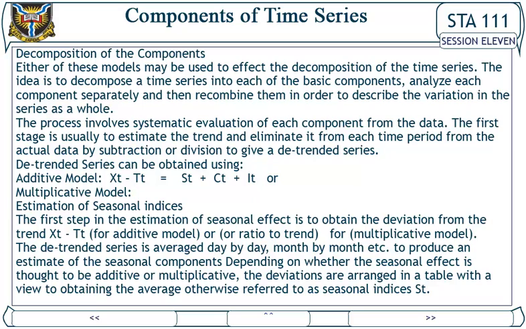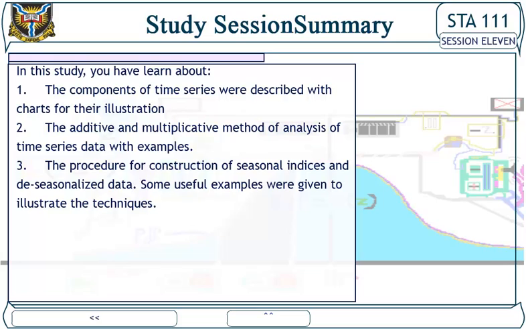The detrended series is averaged day by day, month by month, etc. to produce an estimate of the seasonal component depending on whether the seasonal effect is thought to be additive or multiplicative. The deviations are arranged in a table with a view to obtaining the average, otherwise referred to as seasonal indices St.